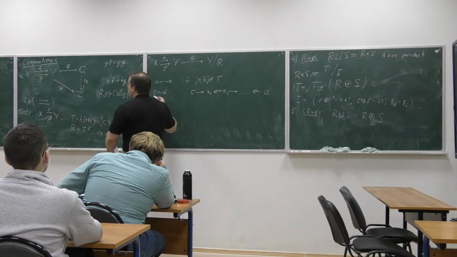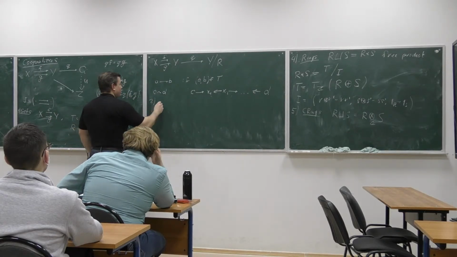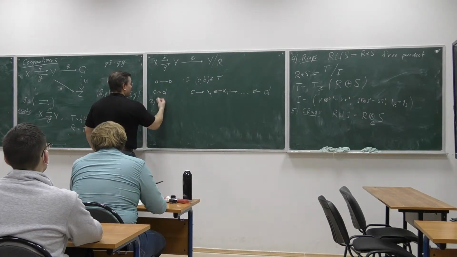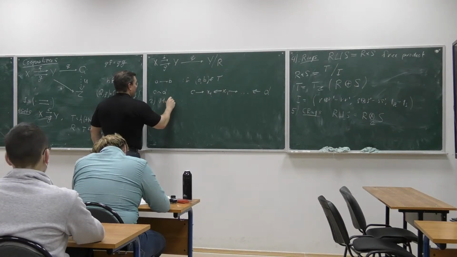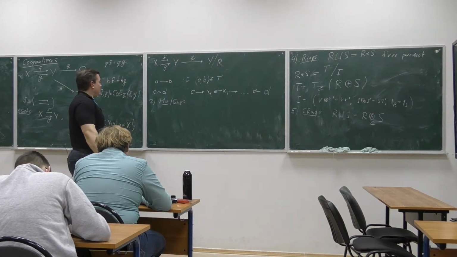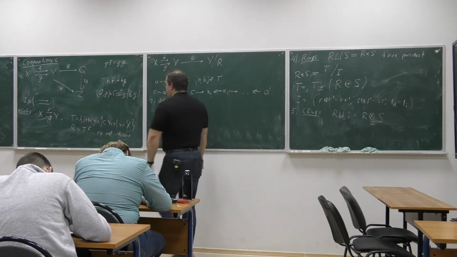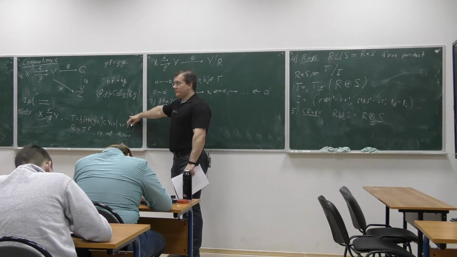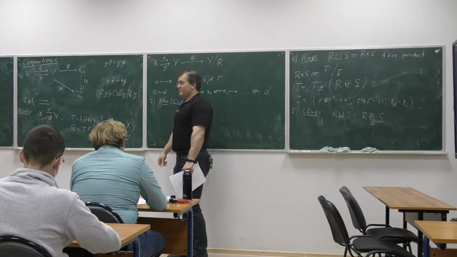If you do this, for example, in algebraic categories like monoids or groups, well, you can do the same thing. You, by definition, get some binary relation and you take the congruence closure.